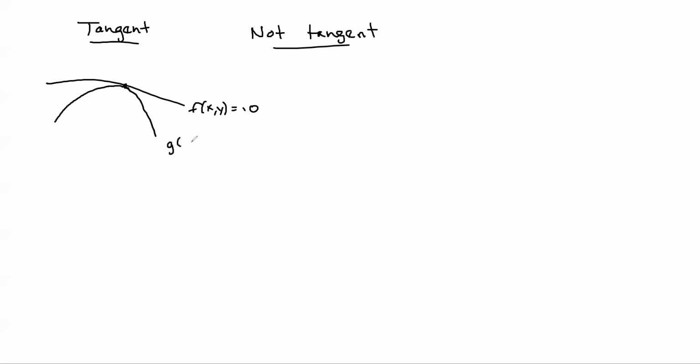And g of xy equals k. That's our constraint. All right, and let's draw a non-tangent picture. So suppose we have the same f of xy equals 10. And then here's g of xy, right? So it's not tangent, just cuts right through.